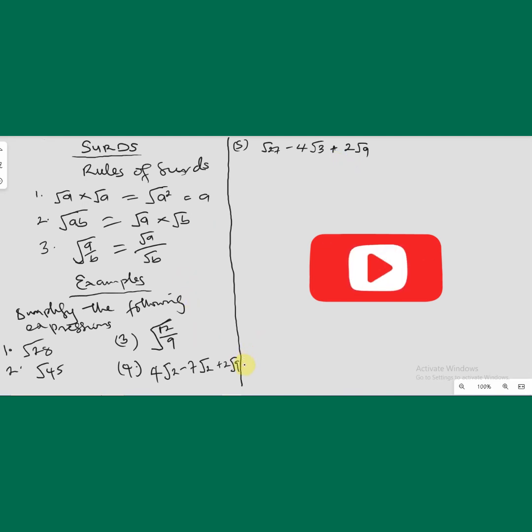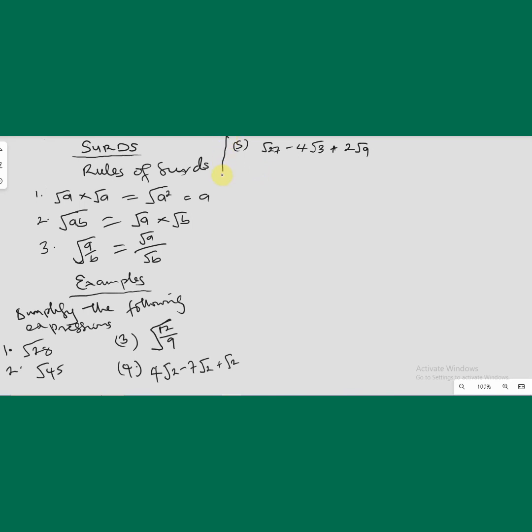Okay, maybe I should change this to 4 surd 2 minus 7 surd 2 plus... Okay, maybe I should use surd 2 here. Just surd 2. I'm going to draw my line again. Okay, let's look at these 5 questions. I'm going to write solutions.